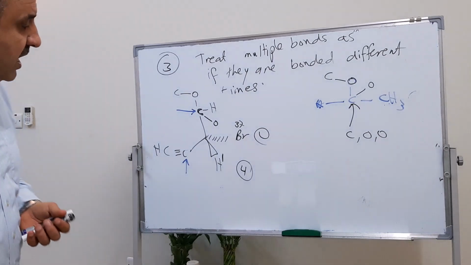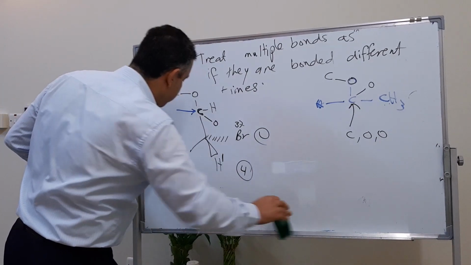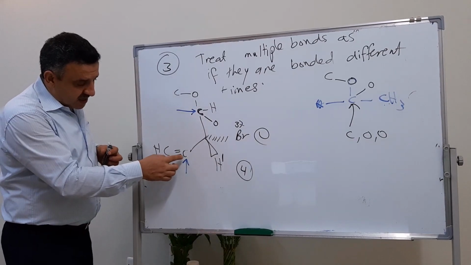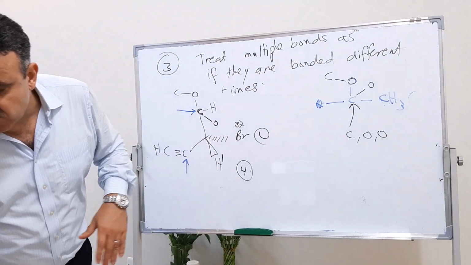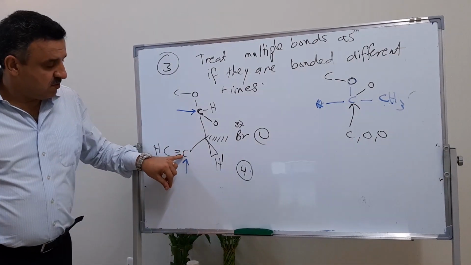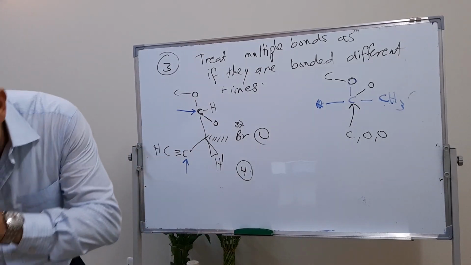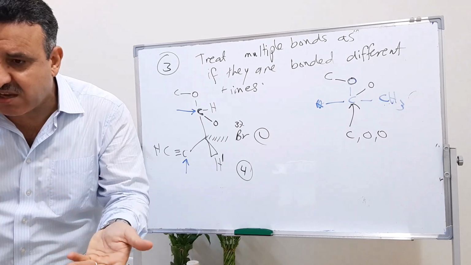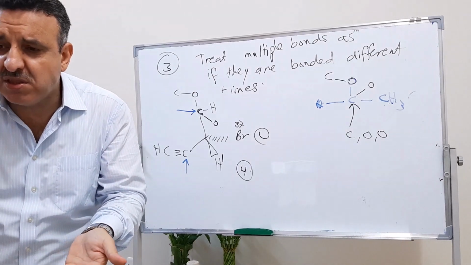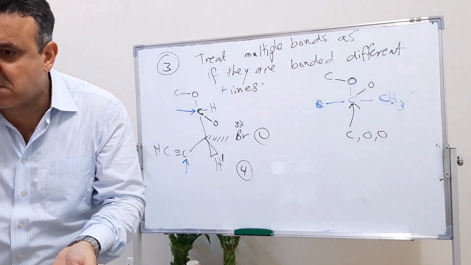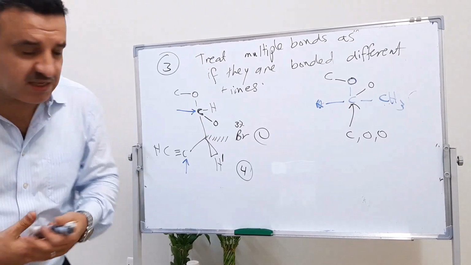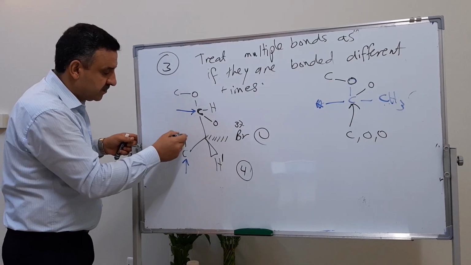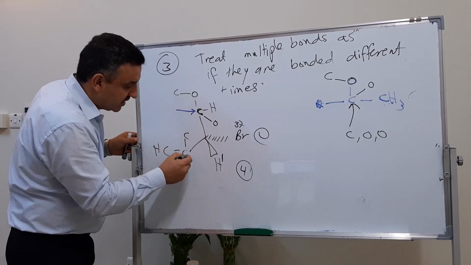Wonderful. So let's deal with this carbon. Here, we see this carbon is triple bonded to another carbon, which means I must think of this carbon as bonded to three carbons. So I remove the first bond, I add a carbon. I remove the second, I add another carbon.